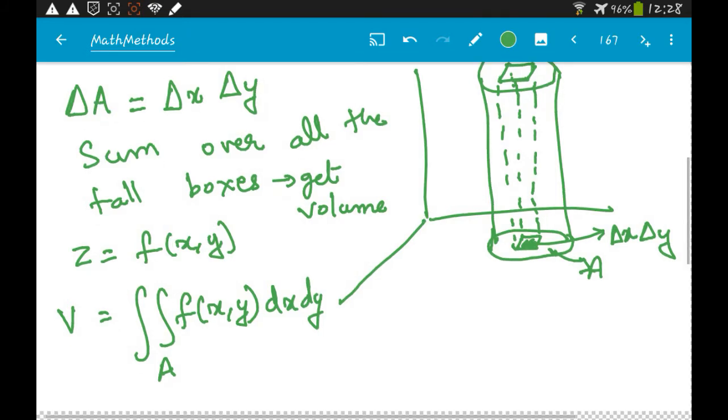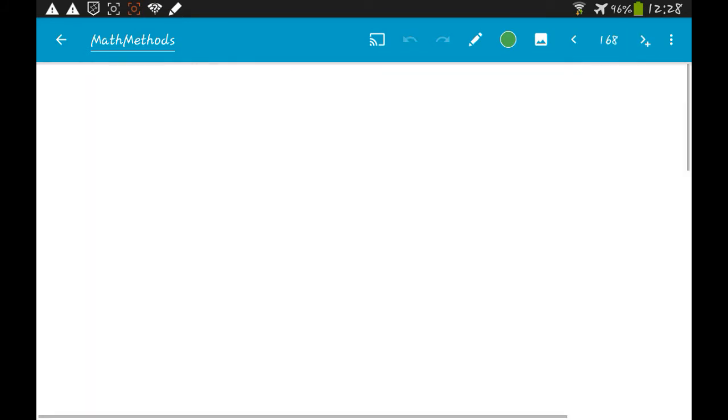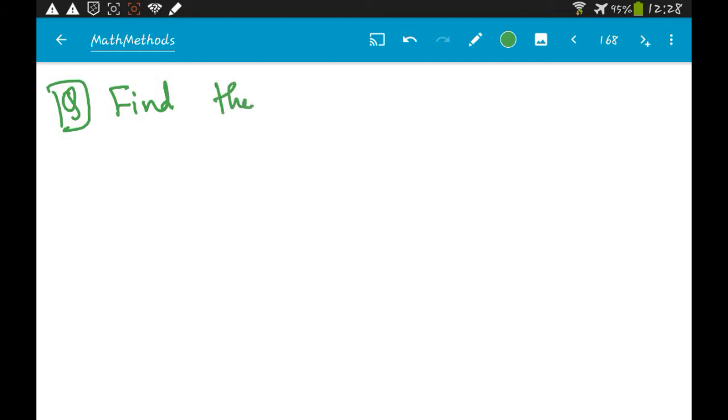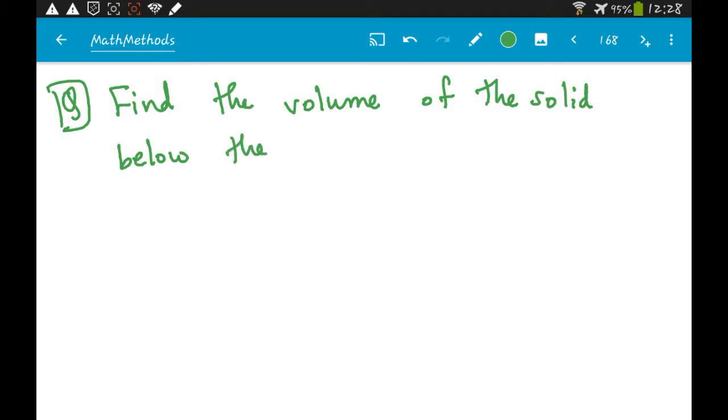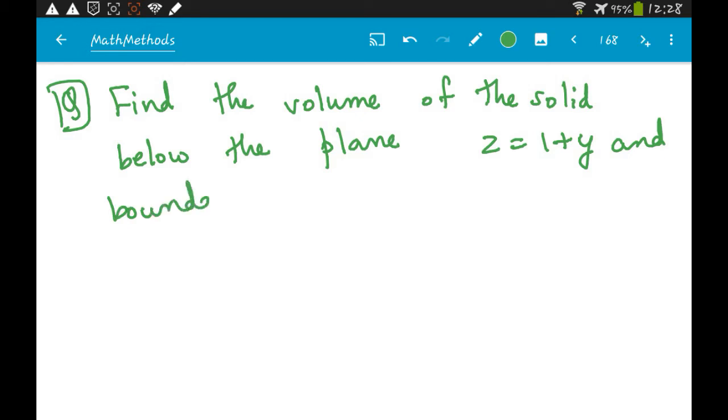Okay, now let's look at an example. Find the volume of the solid below the plane z equals 1 plus y and bounded by 2x plus y equals 2.